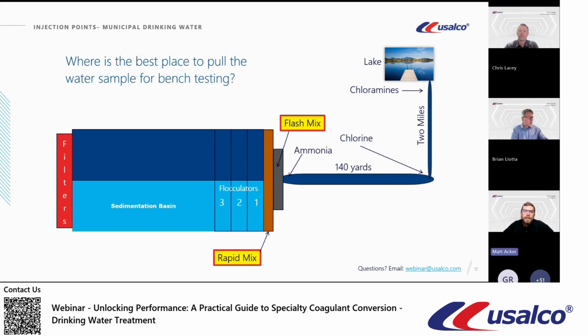So think about this for a second. Where would you pull your sample from to jar test at your facility, or looking at this example above? Ultimately, when we're looking at coagulation itself, we want everything right before coagulation. So in this case, the best place to pull the sample would be right after oxidation and right before coagulant injection.